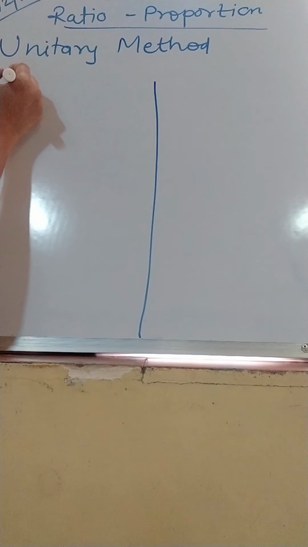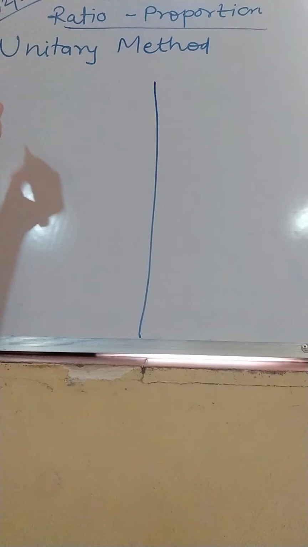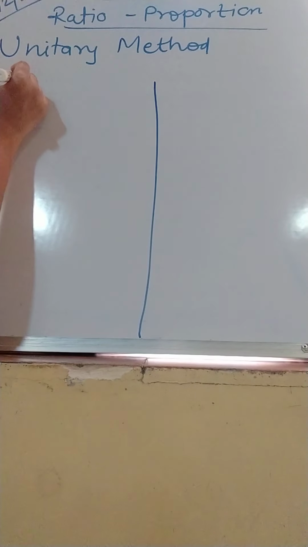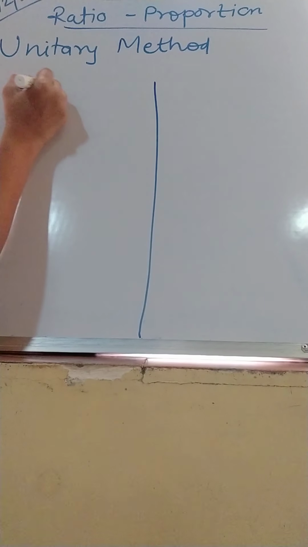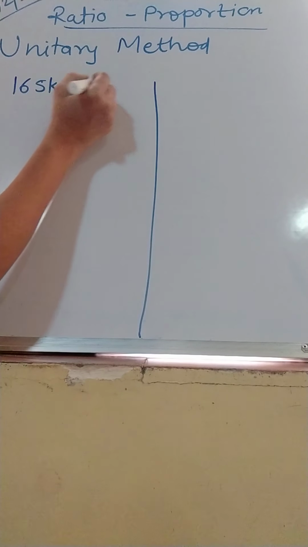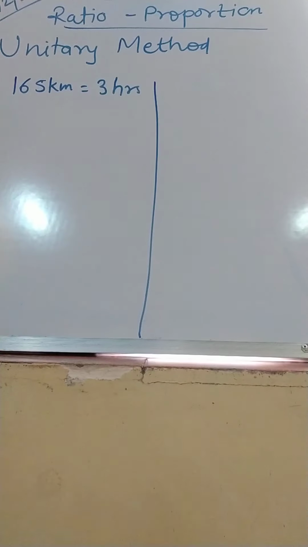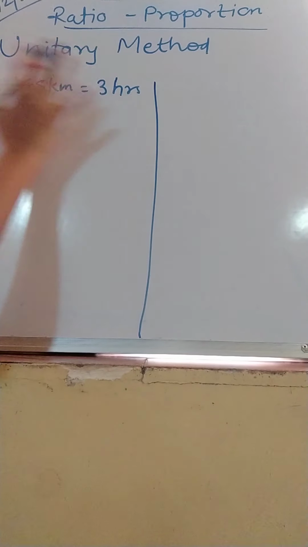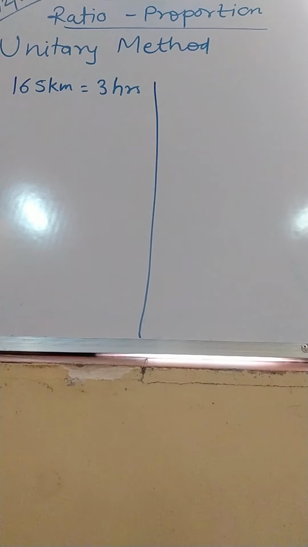See, what is given? The car is going 165 km in 3 hours. From this, first we have to calculate how much it travels in 1 hour. So the first question is what? How long it will take to cover a distance of 330 km.